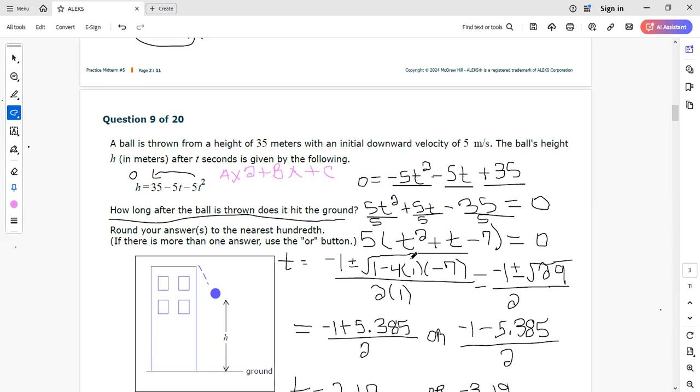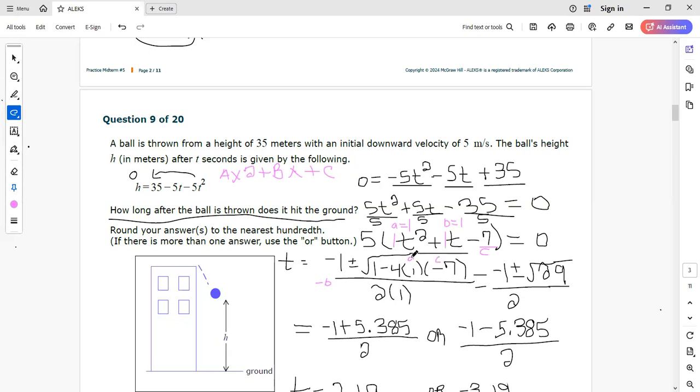In our case, our a term right here is 1, our b term is 1, our c term right here is negative 7. So here's our b is equal to 1, our a term is also equal to 1. But the formula is negative b, so that's why we put negative 1 here. Plus or minus the square root of b squared, 1 squared is just 1, minus 4ac.